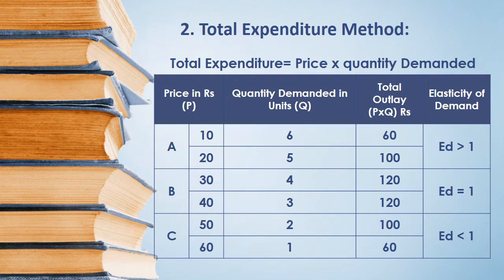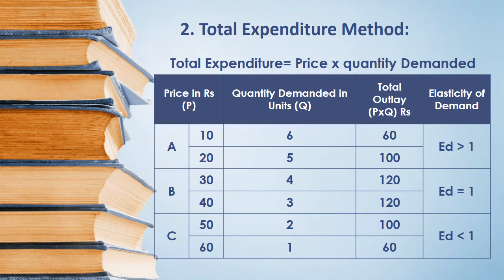We can see from the example now. A is the original price, that is rupees 10 per unit, and quantity demanded is 6 units. Therefore, the total expenditure is rupees 60.